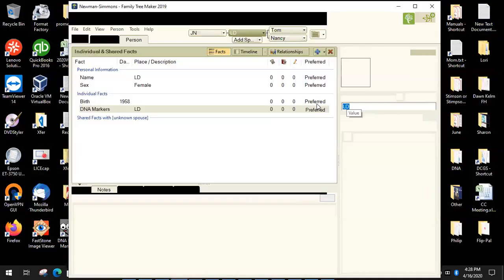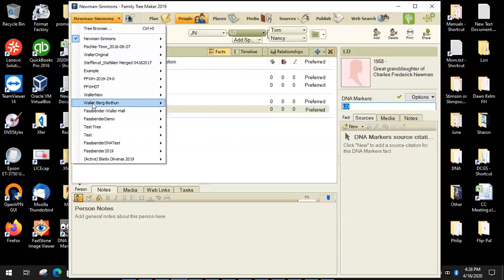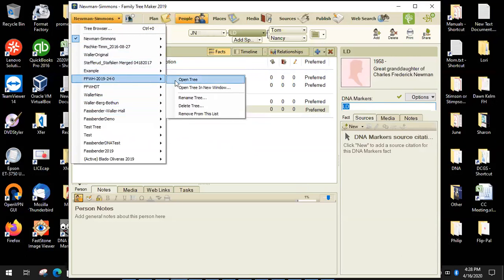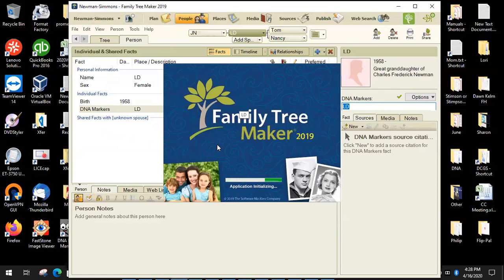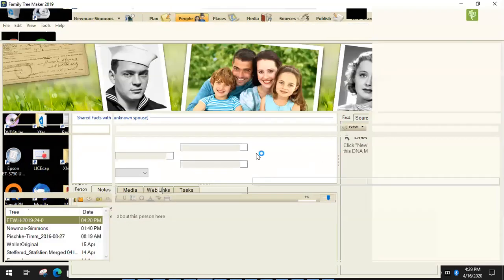So now back to this one. You may actually have match data for more than one company.